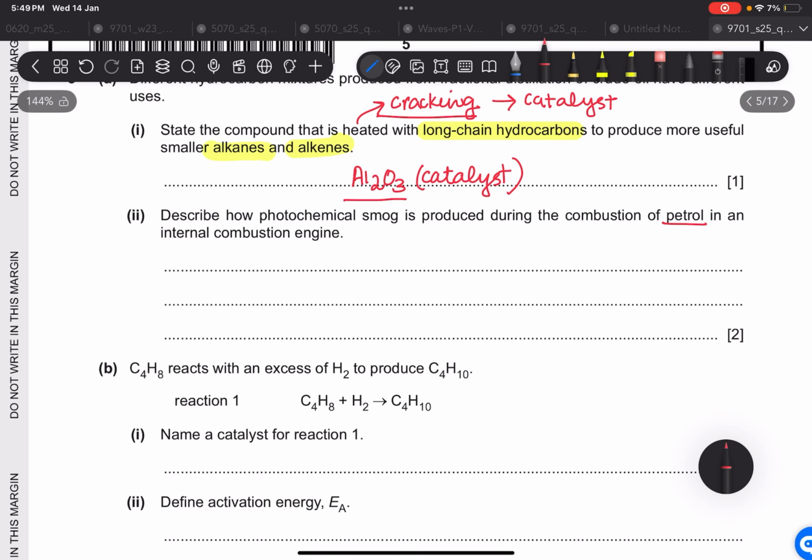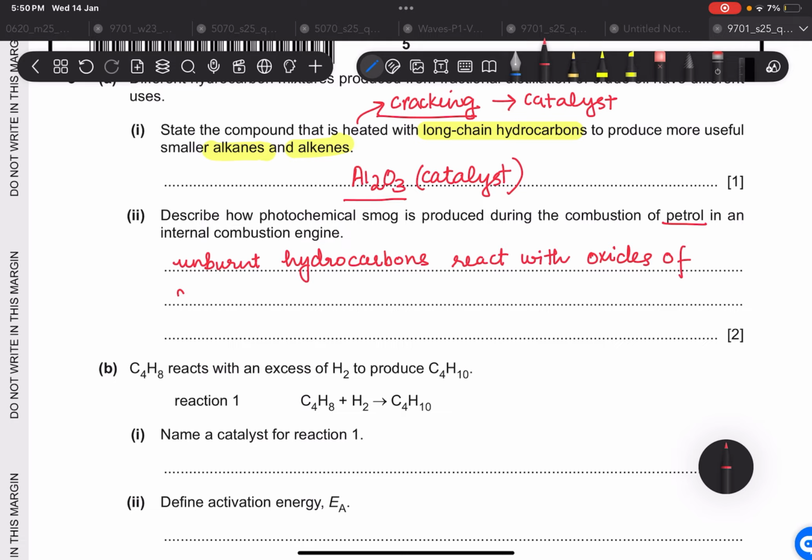So you have to tell the examiner that the unburnt hydrocarbons that are produced react with oxides of nitrogen like NO or NO2 to form PAN, which is peroxyacetyl nitrate.